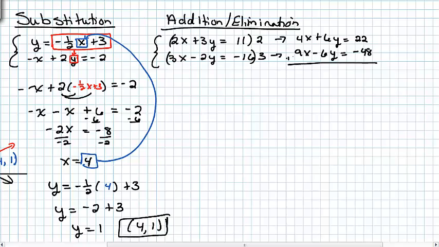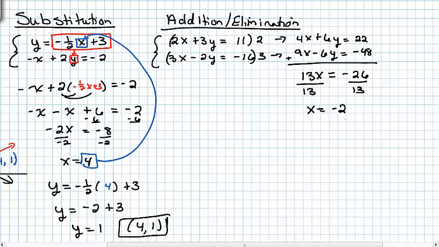And so now I can add these two equations together, and the y's will be gone when I do that. So 4x plus 9x is 13x. 6y and negative 6y is nothing. And then 22 minus 48 is negative 26. And then we're going to divide by 13 on both sides, and we get x equals negative 2.